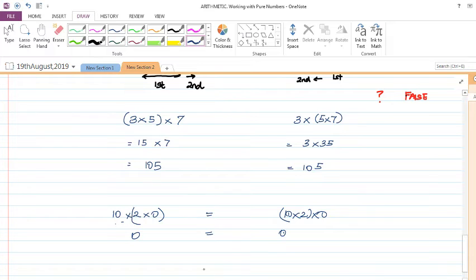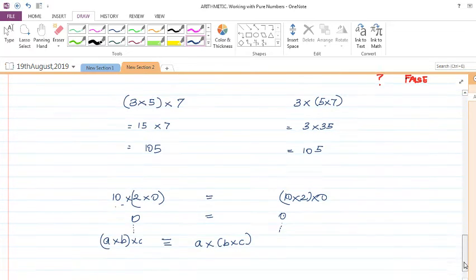I just did a pair of examples, but the long and short of it is, for all the numbers that you can try, you get A times B times C equal to A times B times C. Always. So if we do a set of examples, we find that.